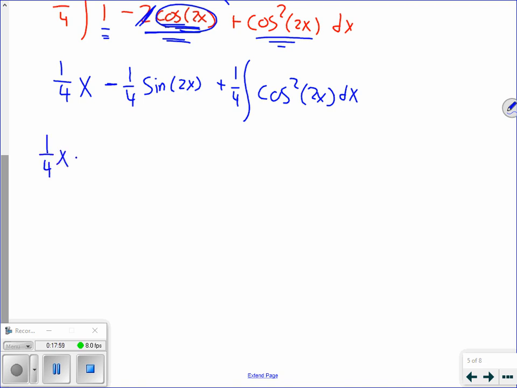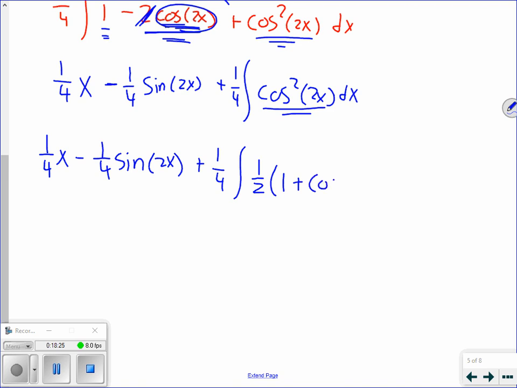We got 1/4 x minus 1/4 sine of 2x plus 1/4. Now the power reduction for this, if you remember, was 1/2, 1 instead of minus, it's plus cosine of 2 times the quantity, so that would be 4x instead of 2x.